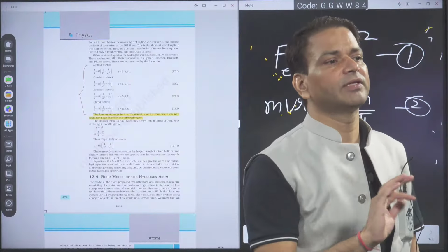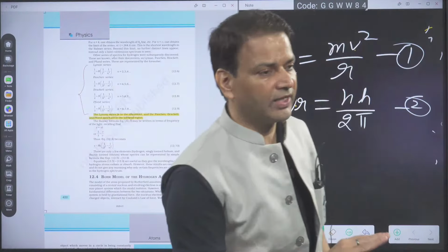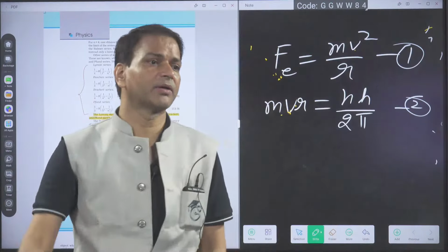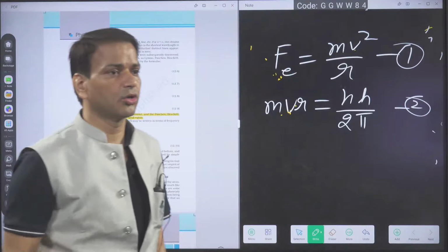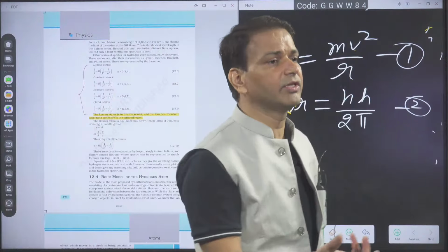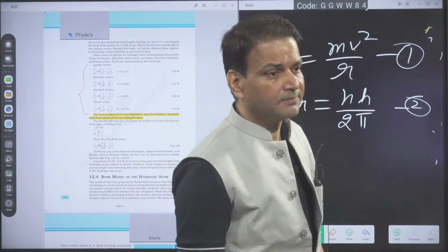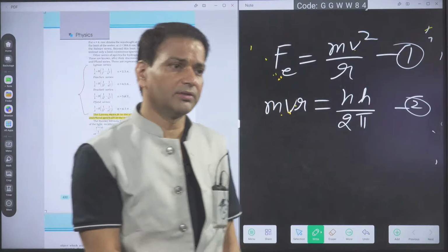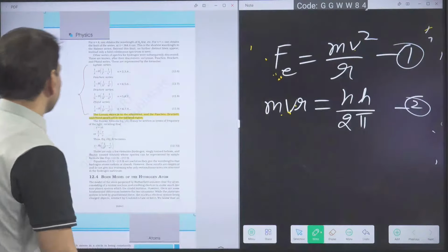So no wavelength can overlap. All wavelengths of Lyman and Balmer will be different. Understood or not? If you are unable to relate directly with the wavelength, you can relate with the energy, because ultimately a spectral line is a photon.